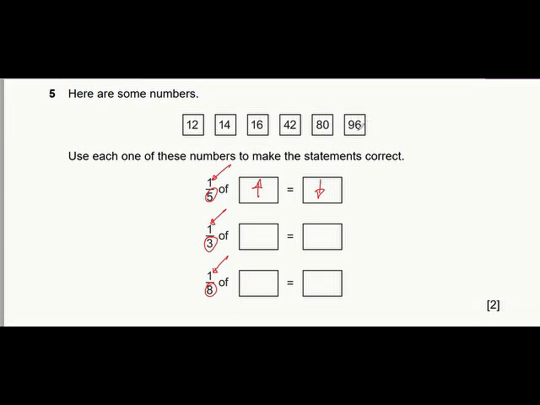So let's try with the 96. If I were dividing 96 by 5, it is not divisible by 5 because it finishes in 6, not in a 0 or in 5 itself. And now I can tell that this is not the most suitable one to be here.